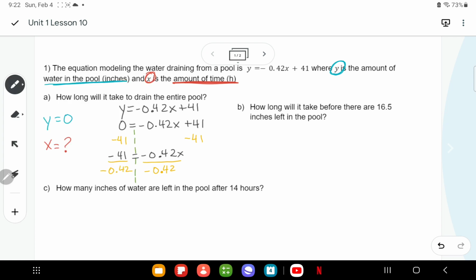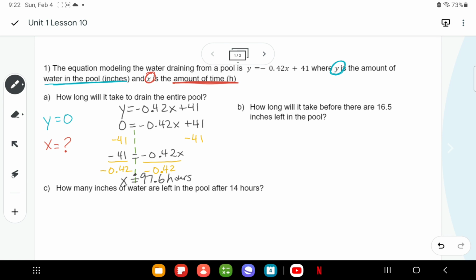And I get about, this is rounded off, 97.6 hours. So the real trick here is knowing which number to put in each variable.